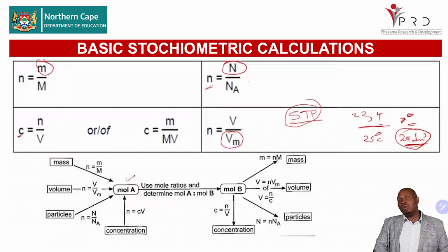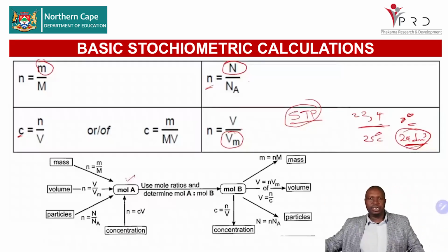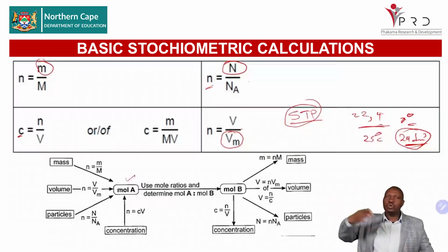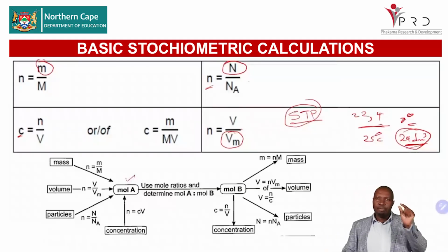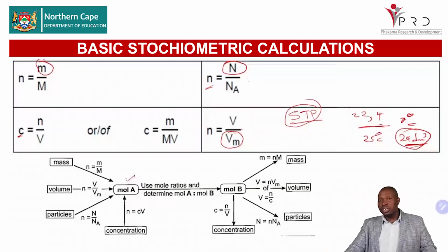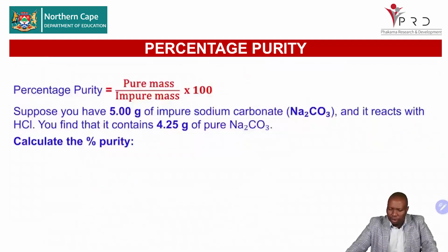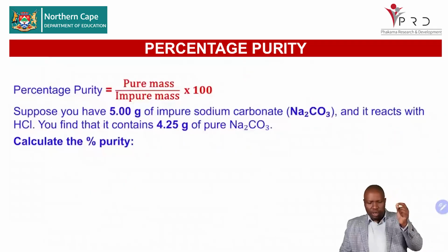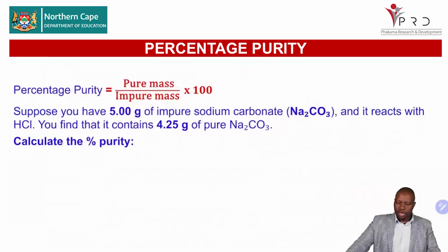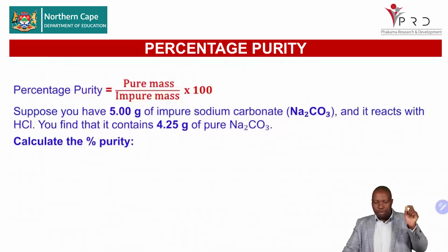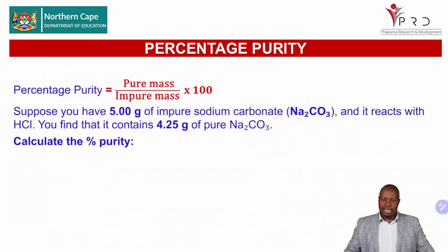After getting the number of moles, you are able now to cross the bridge to use what you have to get what we want using mole ratio. So mole ratio is of paramount importance as long as you are dealing with your stoichiometric calculations. And to talk to the issue of percentage purity, remember, we are saying that pure mass divided by impure mass times 100 will give you percentage purity.